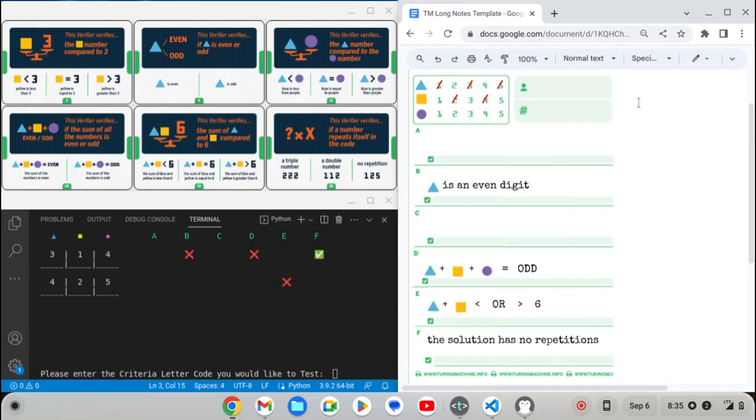Let's see. We can still obviously test criteria card A and see what we get. Okay, so that's also incorrect. That just means that since I chose 2, which is less than 3, that's not true.